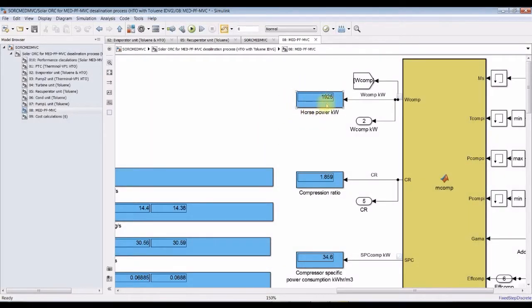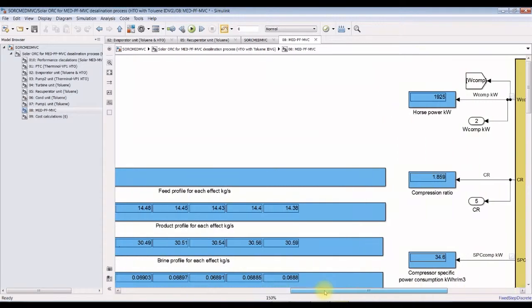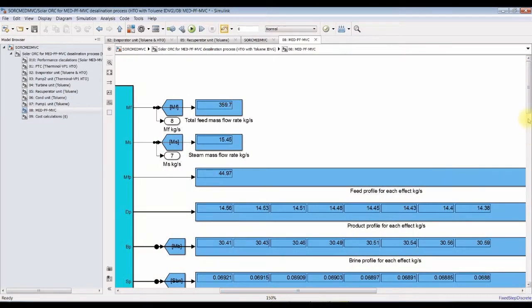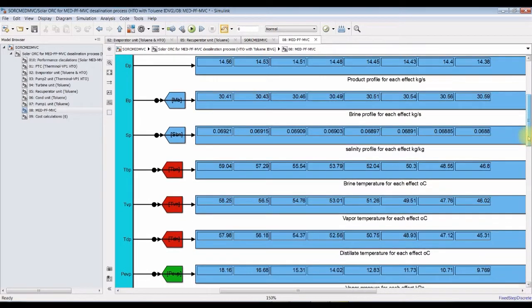Okay, so it's dropped from 3,000 plus to 1,900. Compression ratio is increased from 1.7 up to 1.8, and this is effect by effect. As you can see here, brine profile, salinity profile.